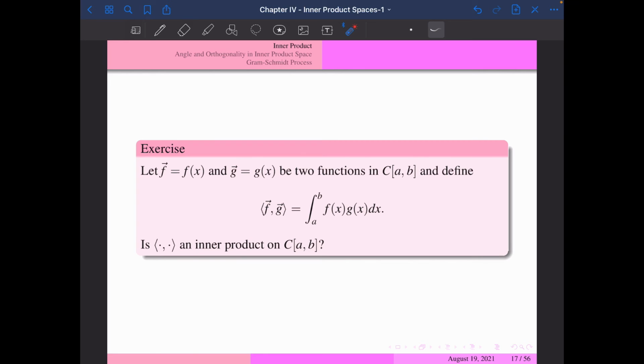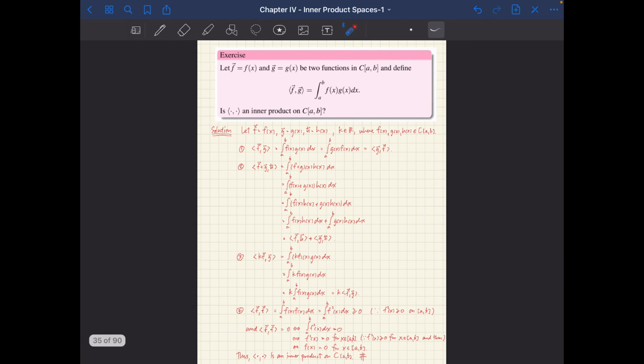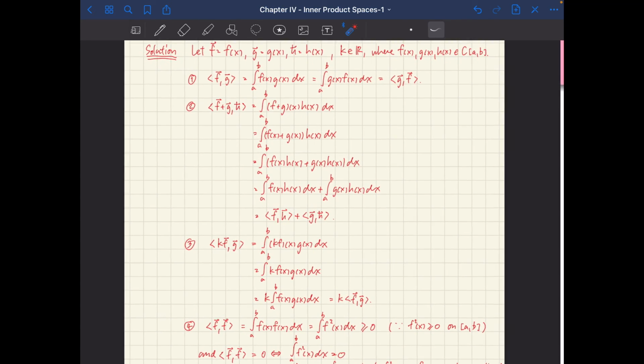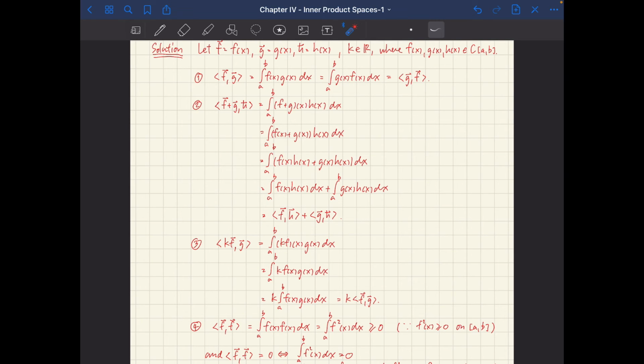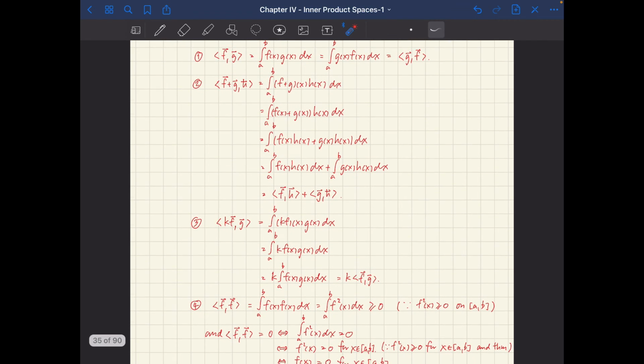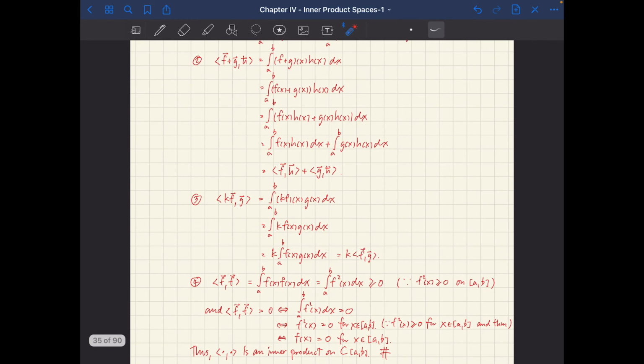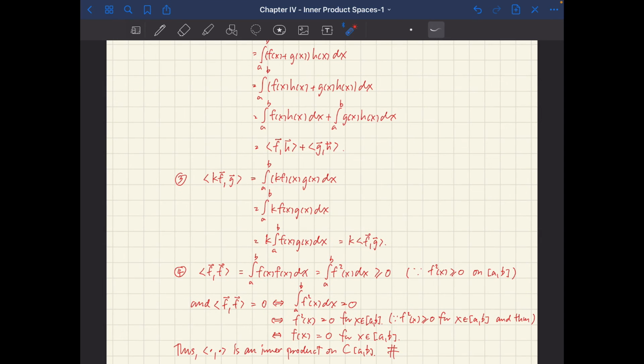From this, I think proving properties 1, 2, and 3 is not hard, because they follow from the properties of the definite integral. So I will skip them, and I need to prove number 4 because number 4 is hard.